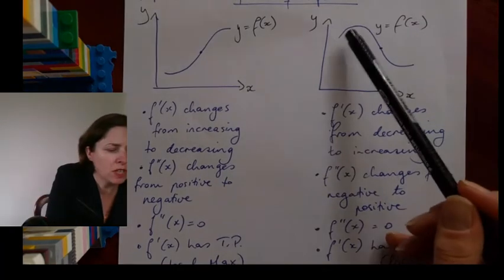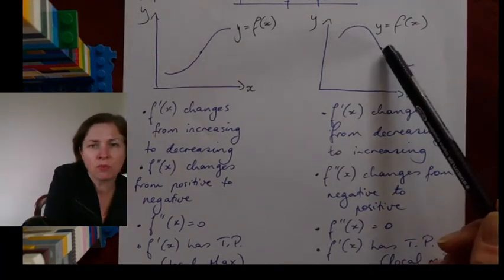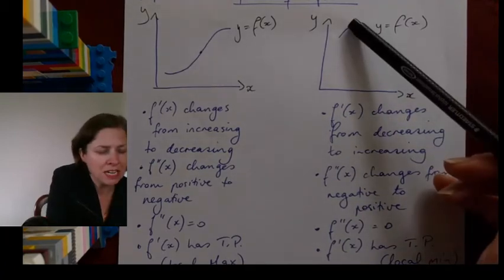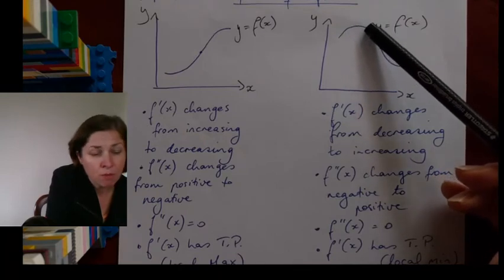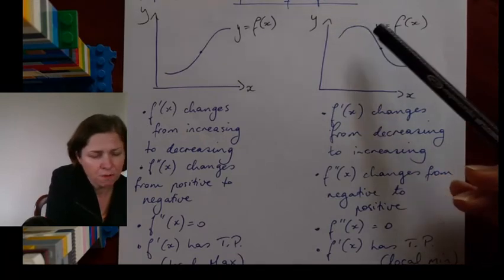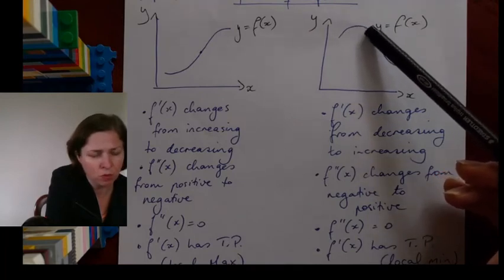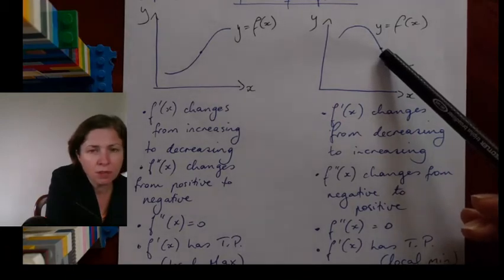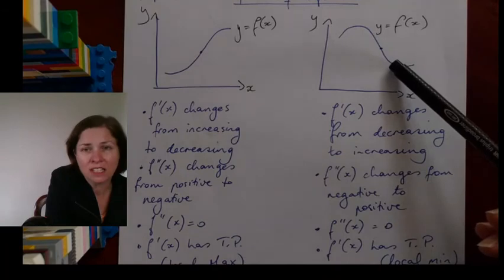I start with concave down and I finish with concave up, and this is the point at which I turn. So f dash has changed from decreasing. Here my gradient is decreasing. It's become more and more negative. Right? The fact that it's getting steeper doesn't change the fact that it's decreasing by becoming more and more negative. And now it's changed to concave up, which means that my gradient is getting less negative, which means it's increasing.